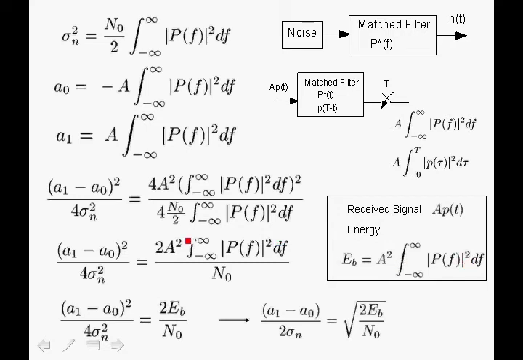Then we can substitute here for Eb, so we get that (a1 minus a0) squared divided by 4 sigma n squared is equal to 2Eb over n0, so that (a1 minus a0) divided by 2 sigma n is just the square root of 2Eb over n0.